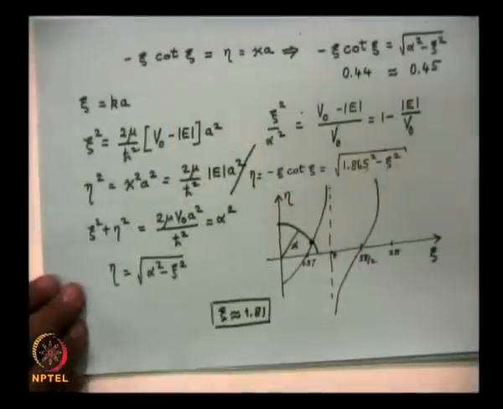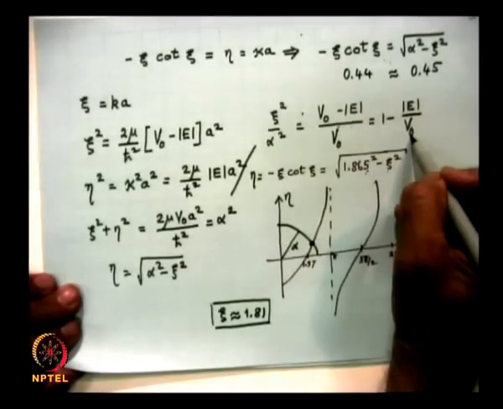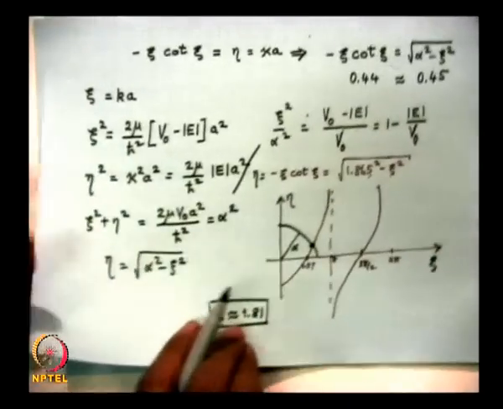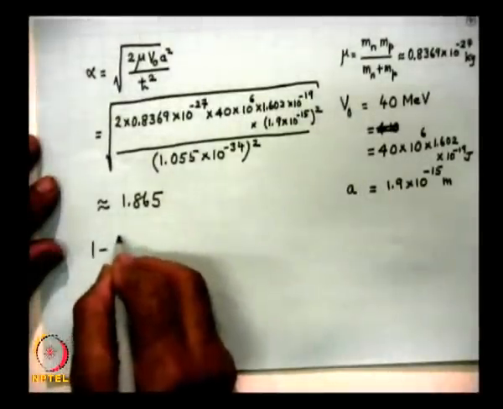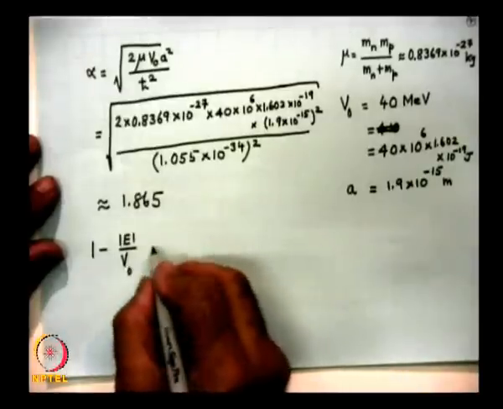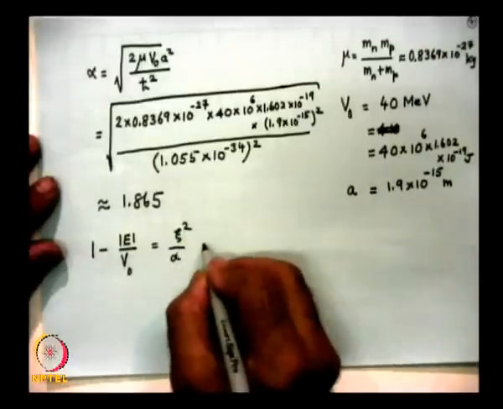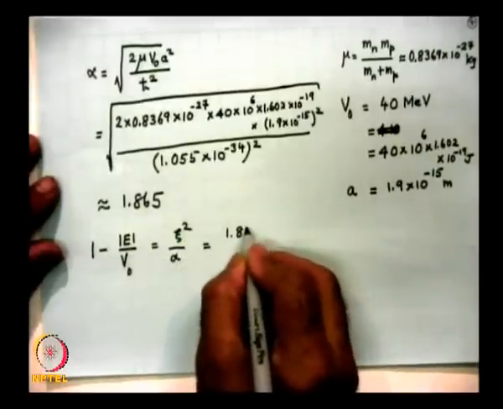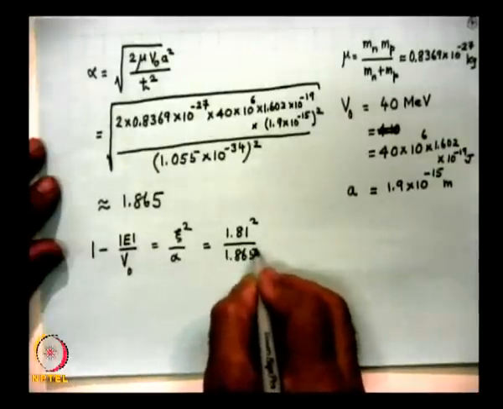So, from this equation, 1 minus mod E by V0 is xi square by alpha square. Let me write it down here: 1 minus mod E by V0, which we had derived earlier, is equal to xi square by alpha square. Xi square we found is about 1.81 square, and this is 1.865 square.